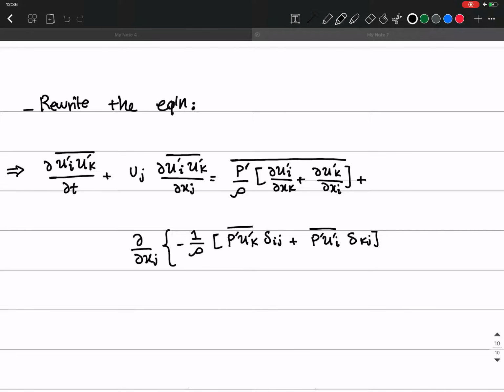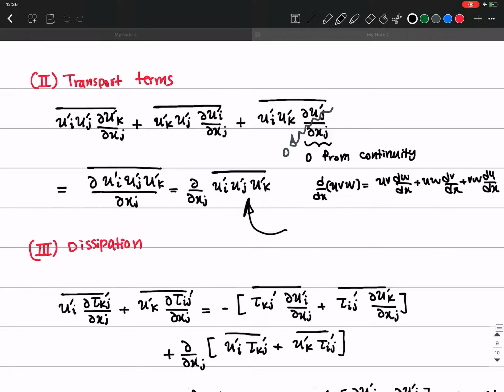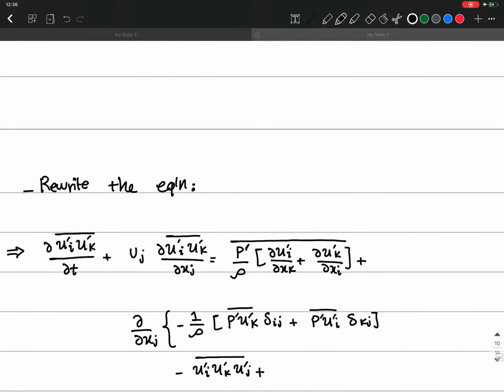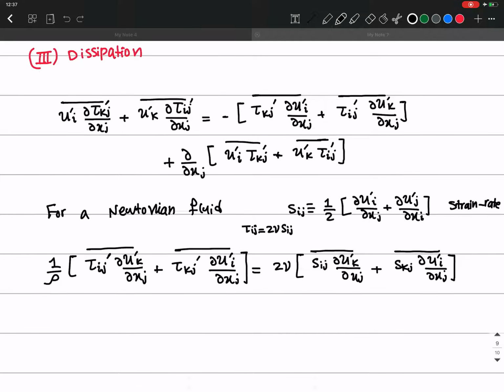Okay. Then we have the transport term here, which also has a partial over partial xj. So it's going to be u prime i u prime k u prime j bar. And then we have these strain stress terms here, which also have partial over partial xj.